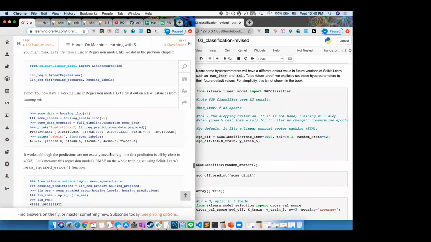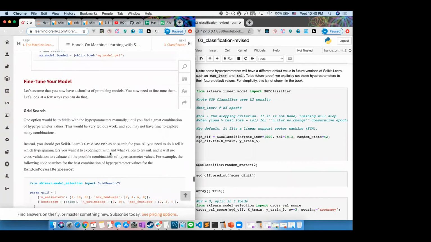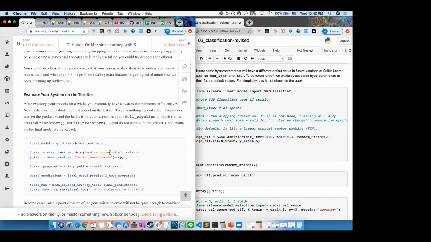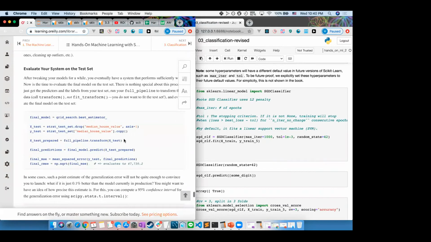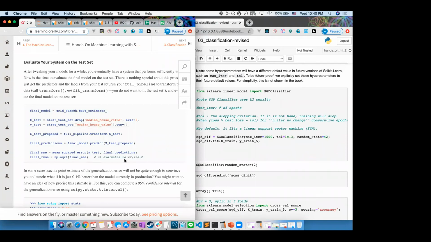But when we try to do prediction, to evaluate the system, we directly apply this full pipeline to transform the test set, so that it matches our model, and then we do predictions. Is that clear?